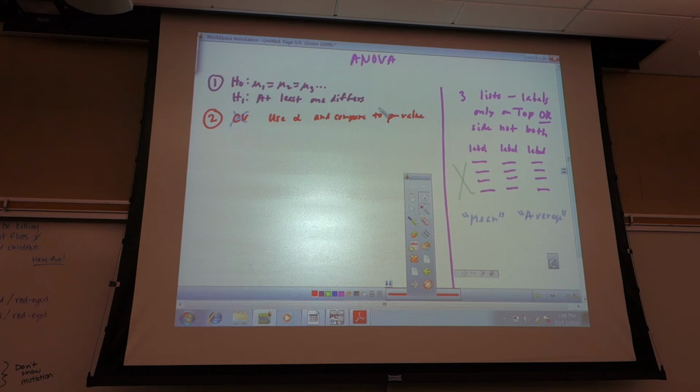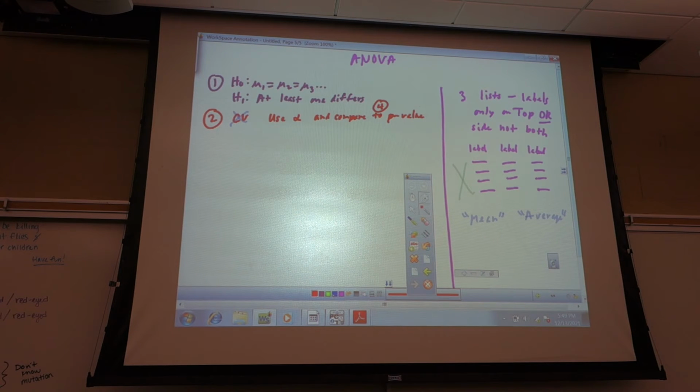So this is going to be step 4. Step 4 will compare to p-value. Right, so again, remember, if the p-value is less than alpha, it's unusual. We'll come back to that in a minute.